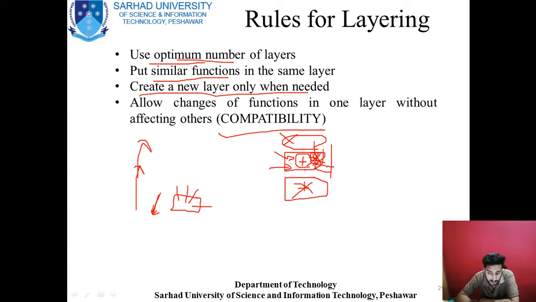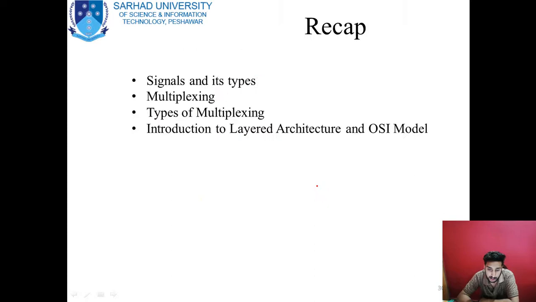Your architecture, your model should be such that if you change a small portion of any module, it should not harm or affect the operation of another layer. If by changing one layer the whole system stops working because of the modification of this layer, it is not compatible. So the modules should be compatible with each other.